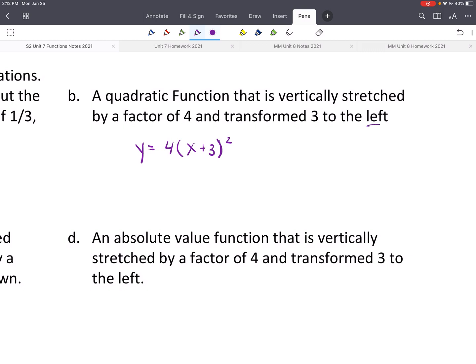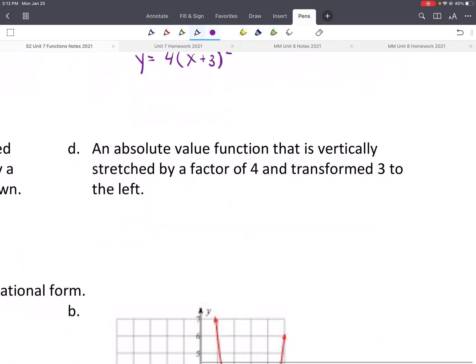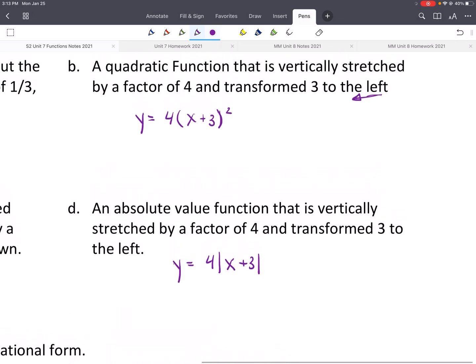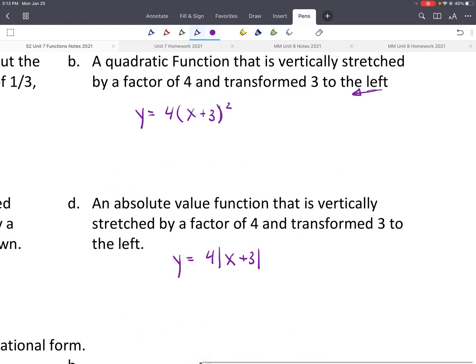And again, it's the opposite. If left is going this way, then we use a positive because it's x minus h. And then here's an absolute value function that's vertically stretched by a factor of 4, transformed 3 to the left. So x left would be positive 3. Those are like the same.